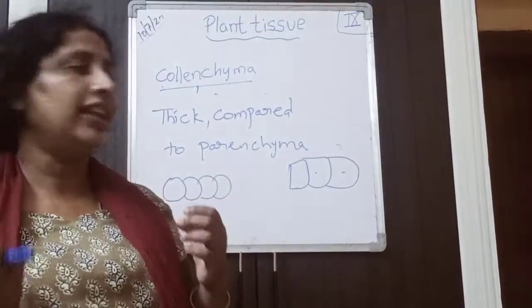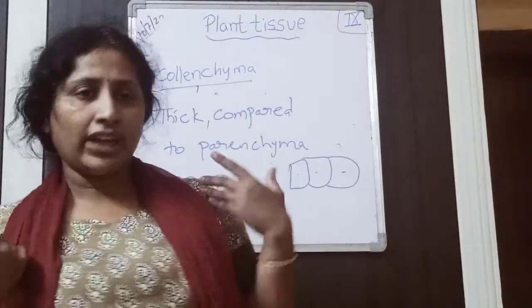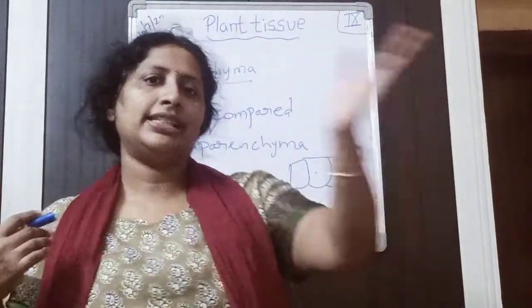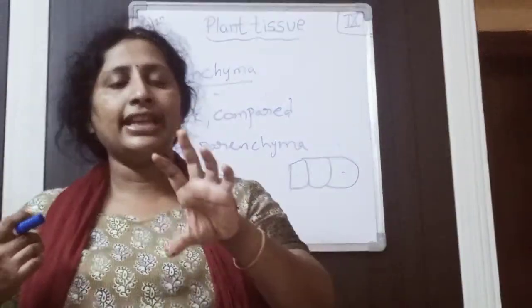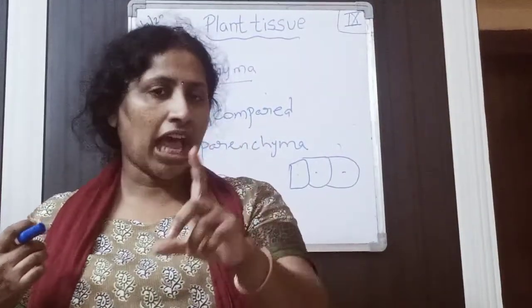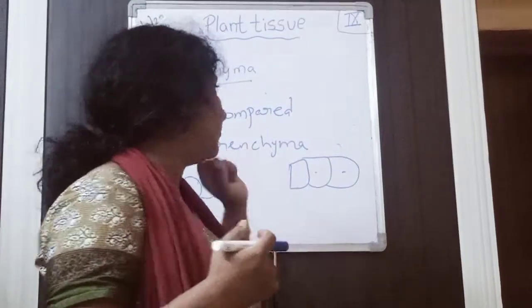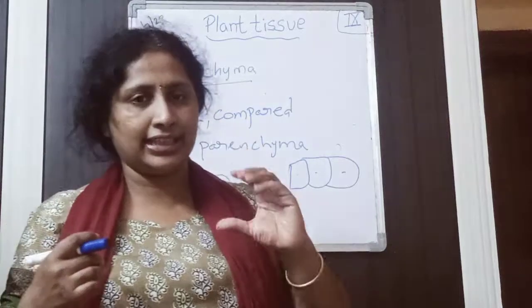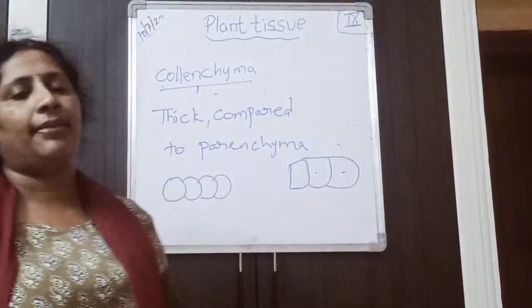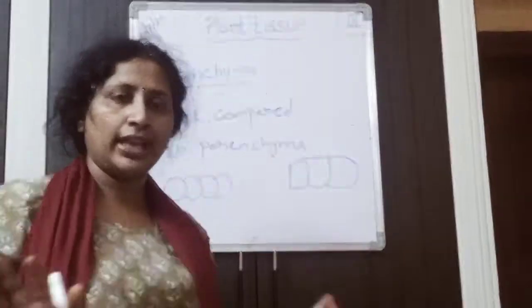So, compared to parenchyma, the cells of the collenchyma are somewhat thick, and somewhat thick means somewhat hard. Okay, and their cells are somewhat longer in size compared to parenchyma. This is about the collenchyma.